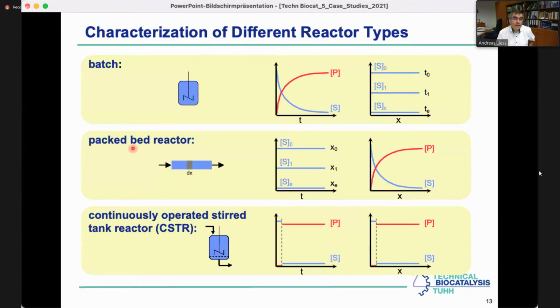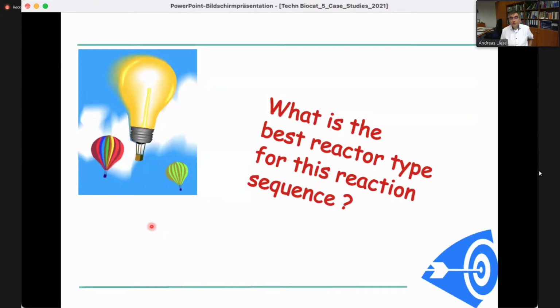So you can select between packed bed reactor, so plug flow reactor operation, and continuous stirred tank reactor operation. So back to the question, what is the best reactor type for this kinetic resolution? So I do take any answers, explanations from you, either by chat or by opening up your microphone.